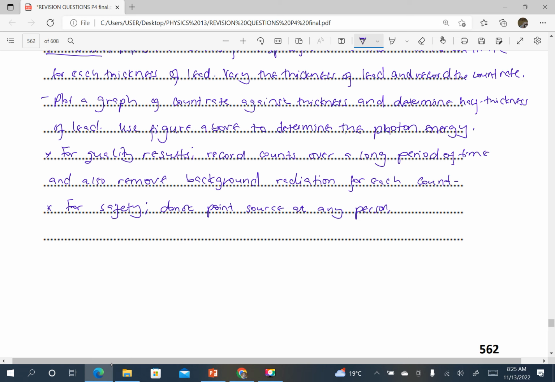You need to keep a safe distance between you and the source. You can also use tongs to handle the source.